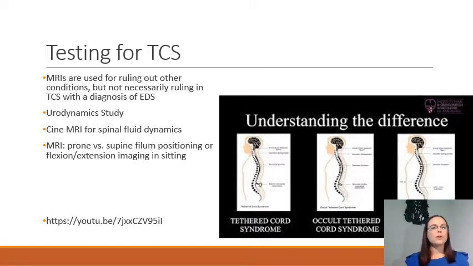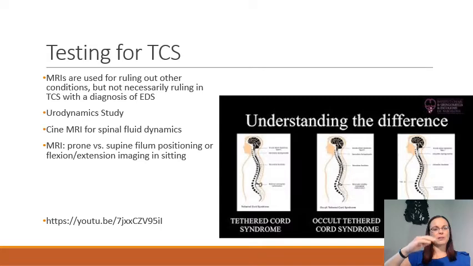And then if an MRI is to be done, there's some practitioners that are using this, and they're looking at differences with positioning and movement, so it doesn't look like it's getting stuck down when the person is moving positions. So the person might do a prone, a face down, and then a supine MRI, looking at where the filum is positioned.